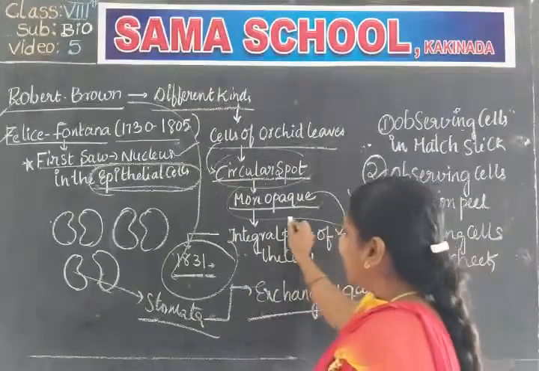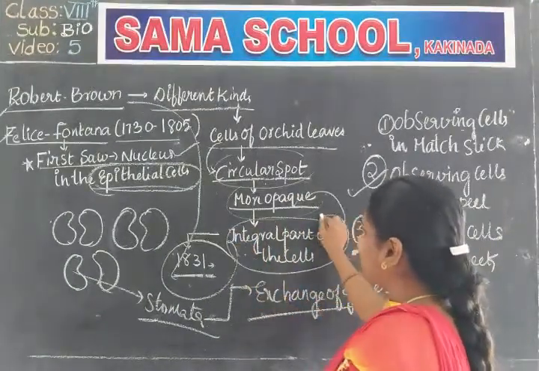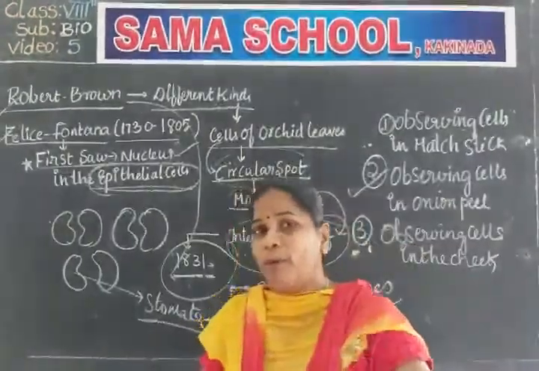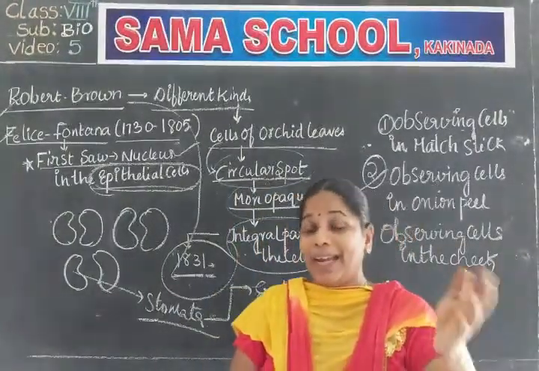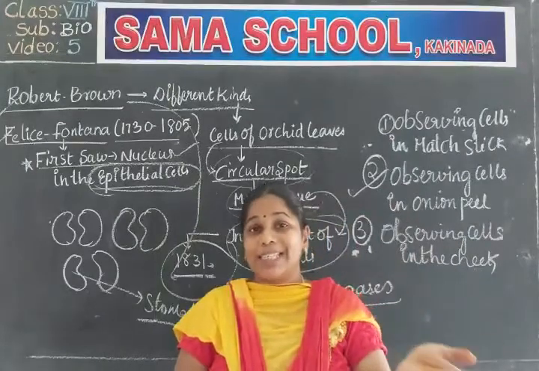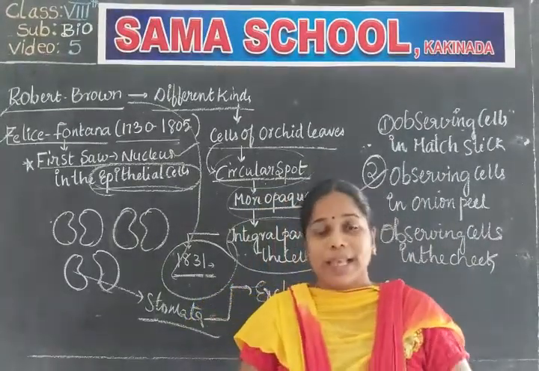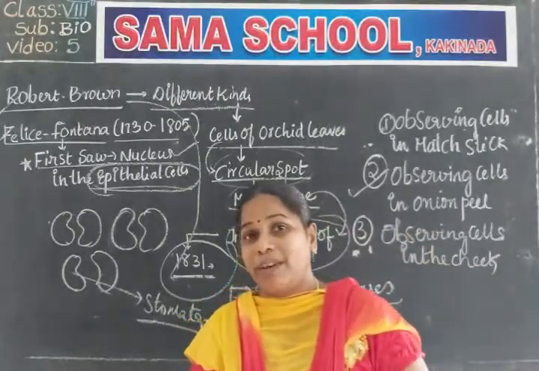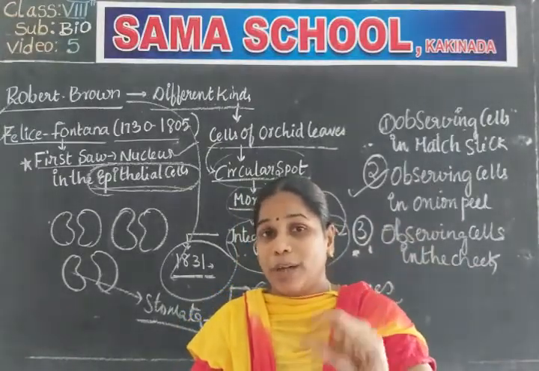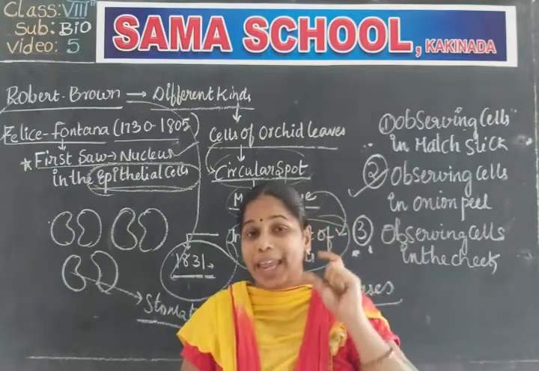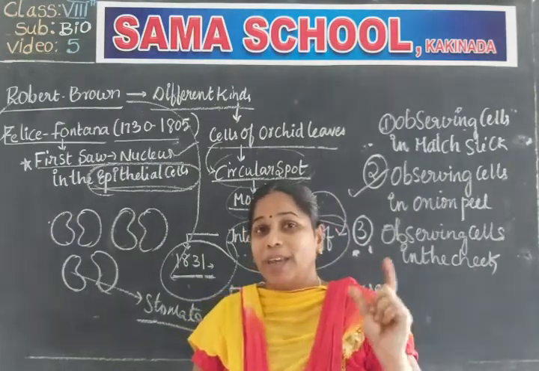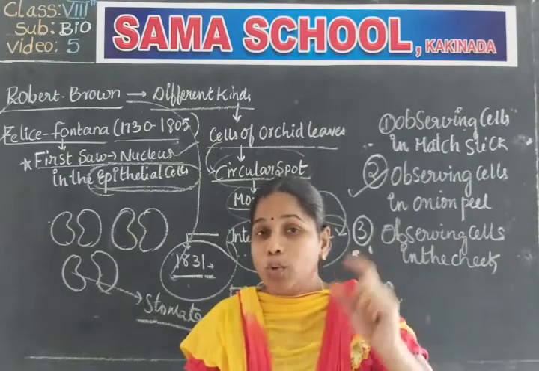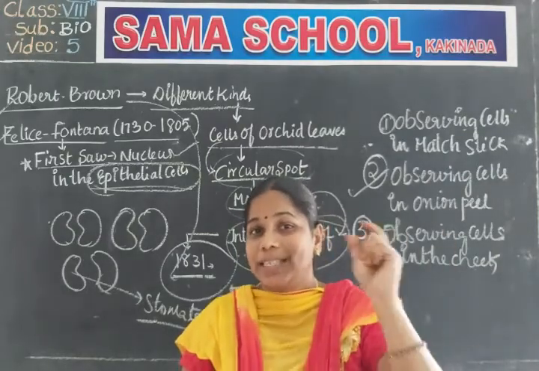And he said that it is an integral and very important part of the cell, and it is also called the cell's control room. Cell's control room. These words you have to keep in your mind, because in 8th class they ask this very often: which is called the cell's control room?